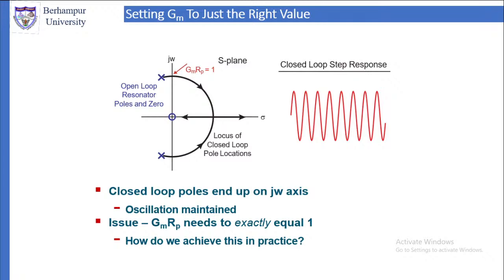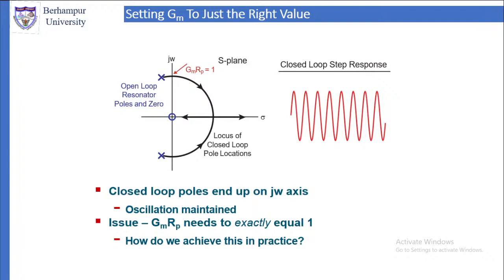Now Gm is adjusted to just the right value, where Gm into Rp is equal to 1 exactly.